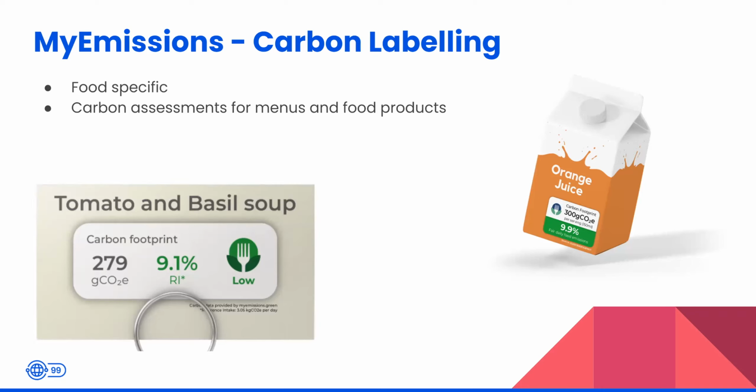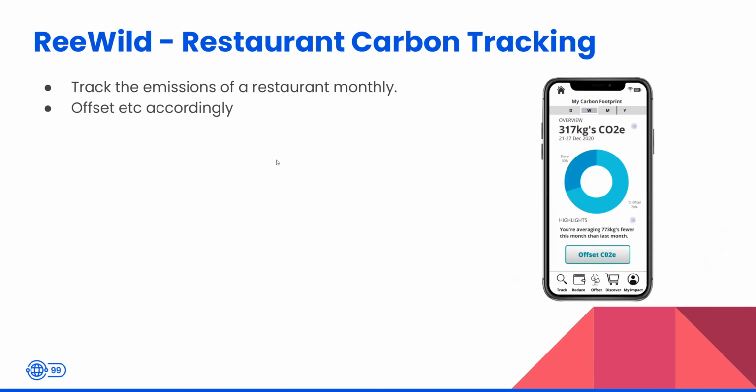The reason why I'm mentioning these is I think they're going to be different examples of this for different industries. This isn't necessarily because anyone watching this is in the restaurant sector, but there'll be companies out there like this that are starting up doing really interesting stuff. Another one is Rewild. They're currently just updating the website, but they also track the emissions only of restaurants.